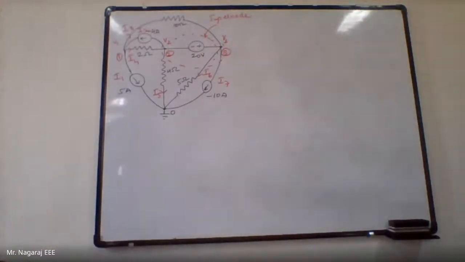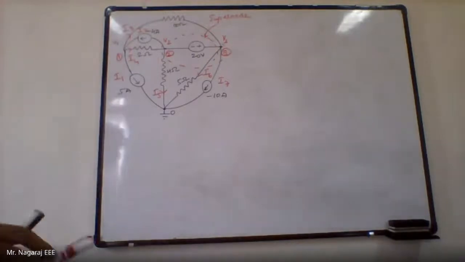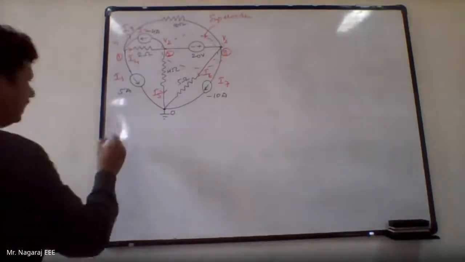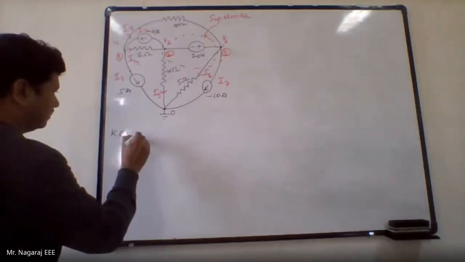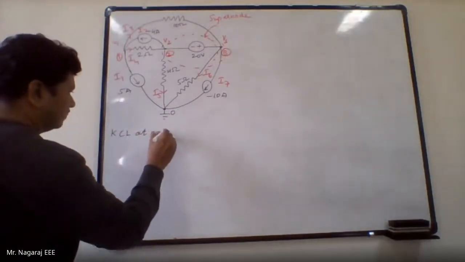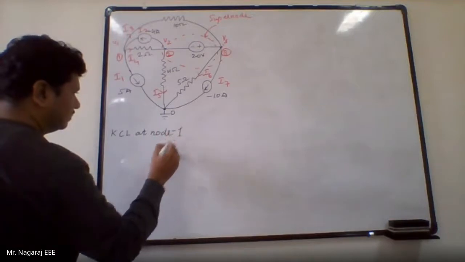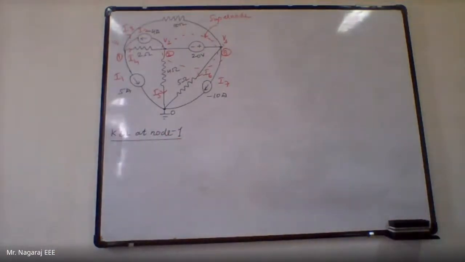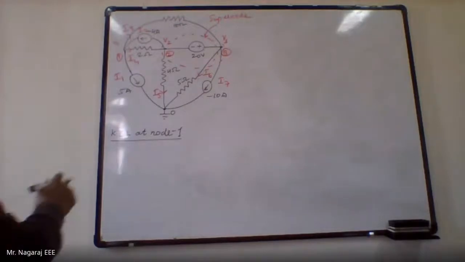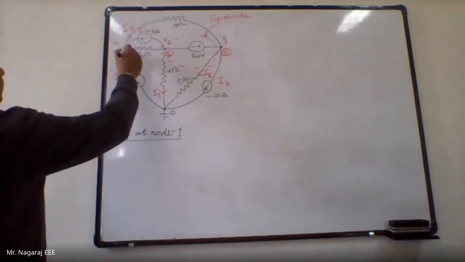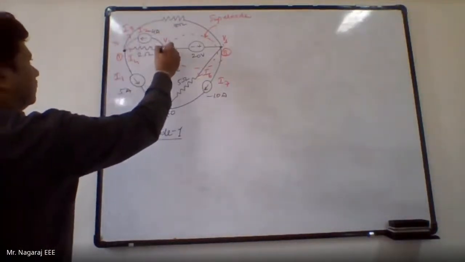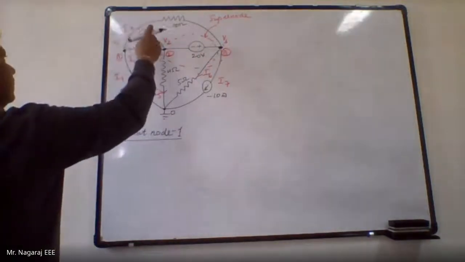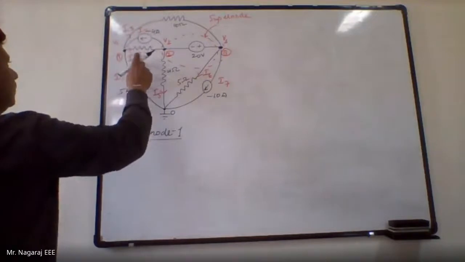Okay. Now first I will write the equation for node 1, KCL at node 1. Apply KCL at node 1. So check all the branch currents connected to this node 1. I2 is there, I3 is there, I4 is there, I1 is there.